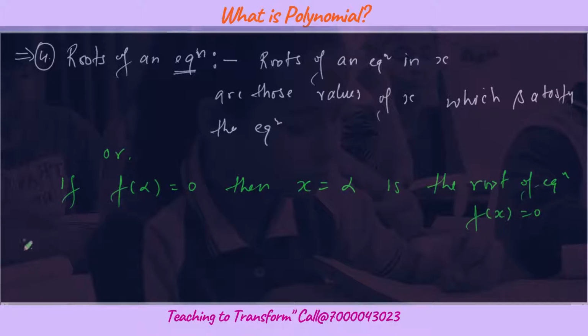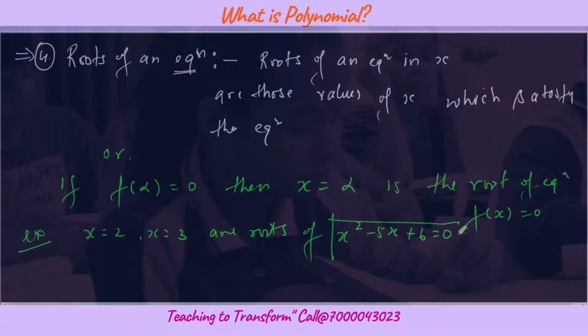For example, let us suppose x is equal to 2, x is equal to 3 are roots of x square minus 5x plus 6 is equal to 0. When you do this by the factorization method, you will get this result.